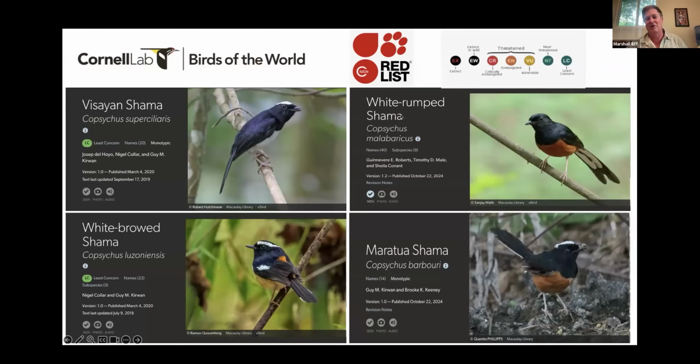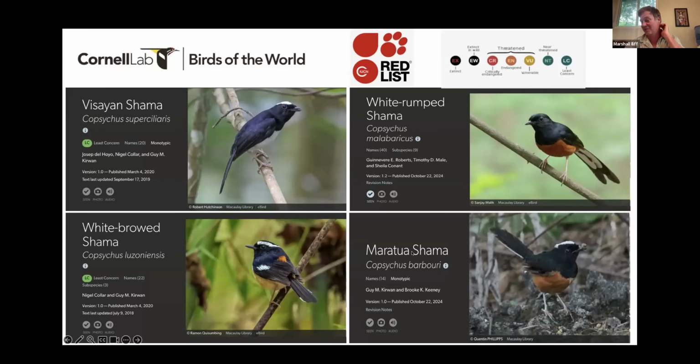However, white-rumped Shama also appears in both bird lists, but eBird has adopted the AviList split that splits that up into white-crowned Shama, Maratua Shama, Larwo Shama, Sri Lankan Shama. So the fact that we divide white-rumped Shama into 5 or 6 species is different from how BirdLife defines it, which means that the Red List assessment has not happened for either the bird that we know as white-rumped Shama, or Maratua Shama, which is one of the splits.